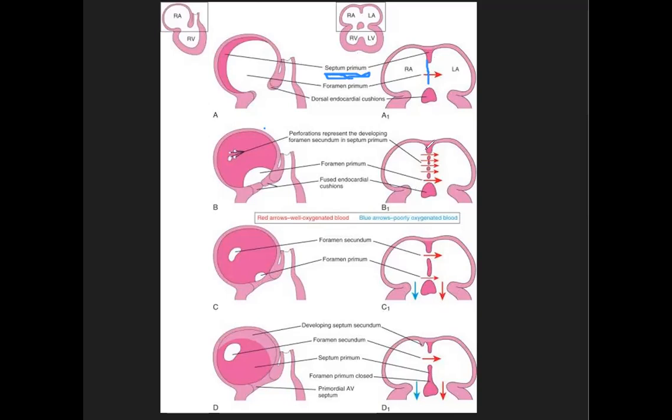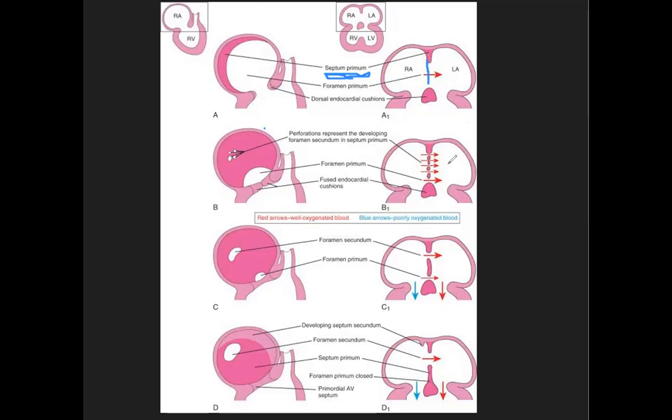After that, what will happen? The endocardial cushion will try to fuse to this, but will fail because this septum primum will form perforations. It will form certain perforations for the blood to flow out.